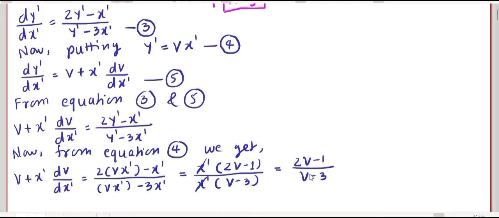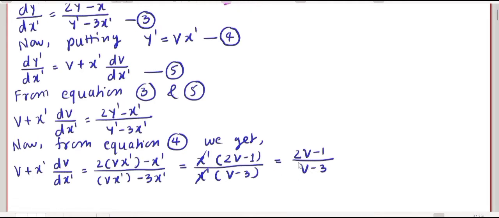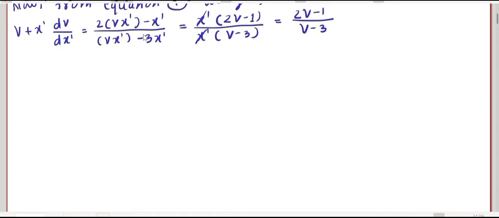Taking v to the right hand side, we get on the left hand side only x dash dv by dx dash is equal to 2v minus 1 divided by v minus 3 minus v.